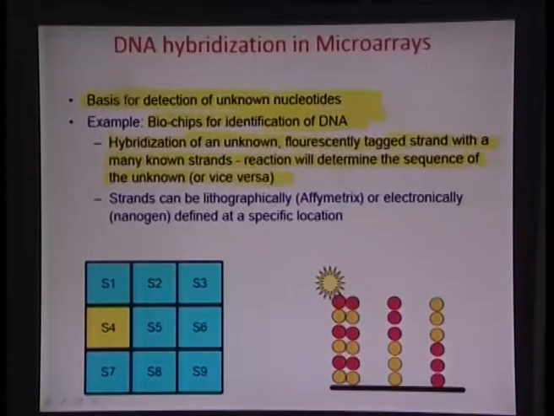So if you have an unknown target and you want to hybridize it with something which is known, some capture probe which is a known sequence, and you are able to somehow fluorescently tag the strand with many known strands, the reaction will determine the sequence of the unknown or vice versa. So strands can be lithographically or electronically defined at a specific location. There are two companies in the world which principally make these microarrays.